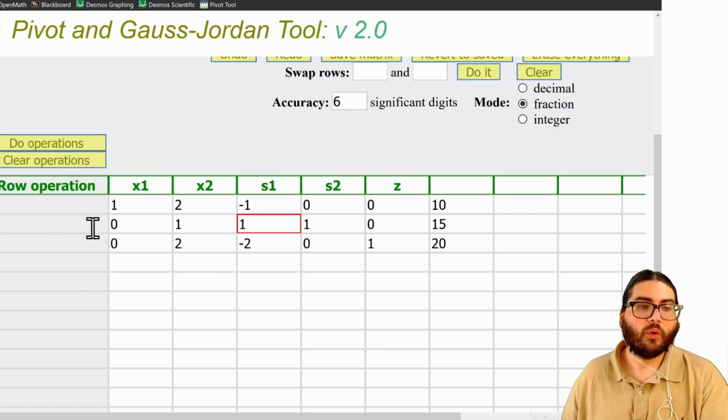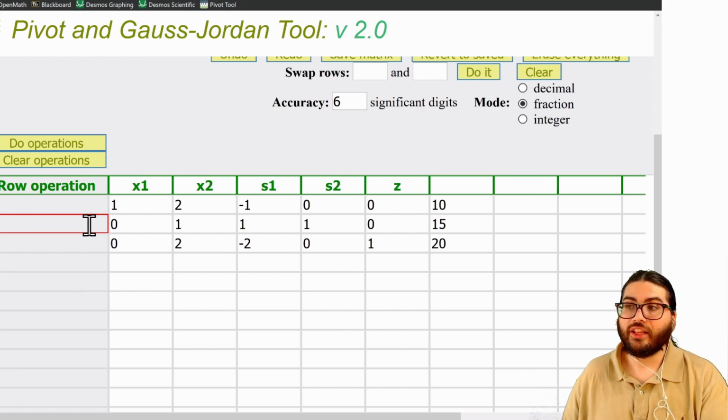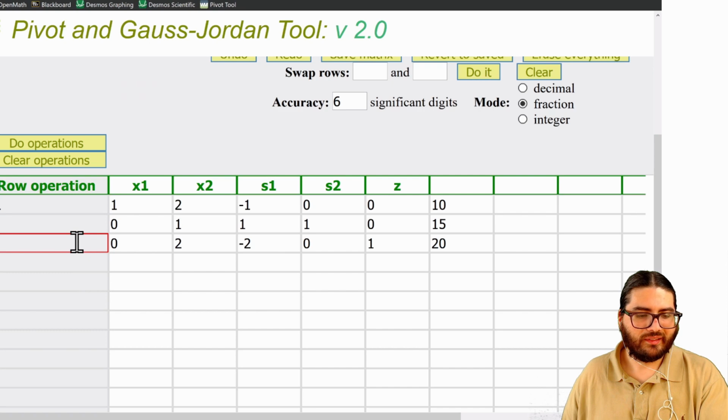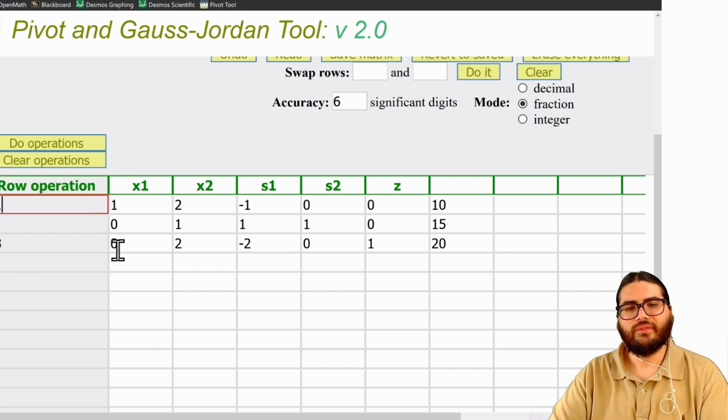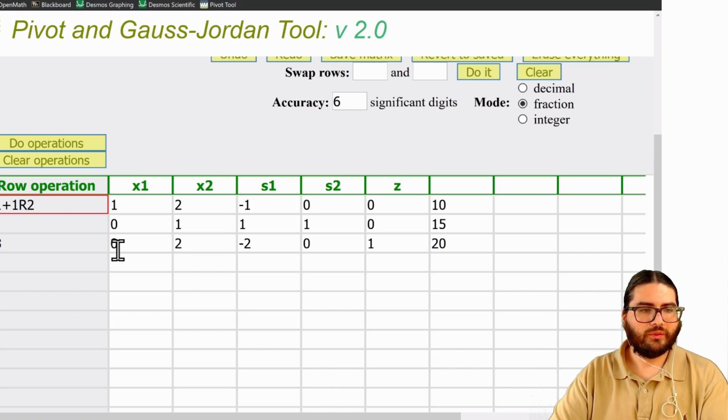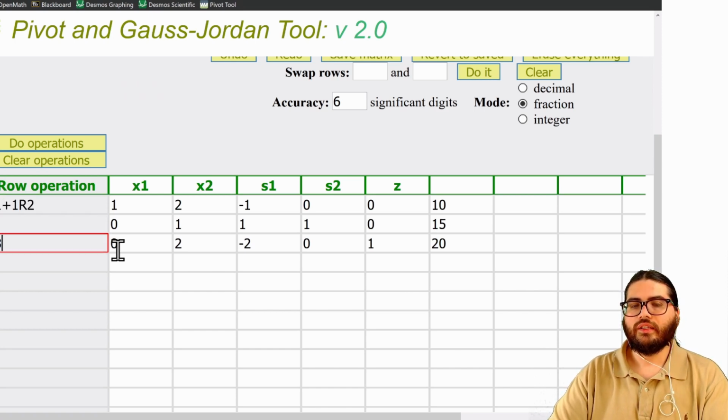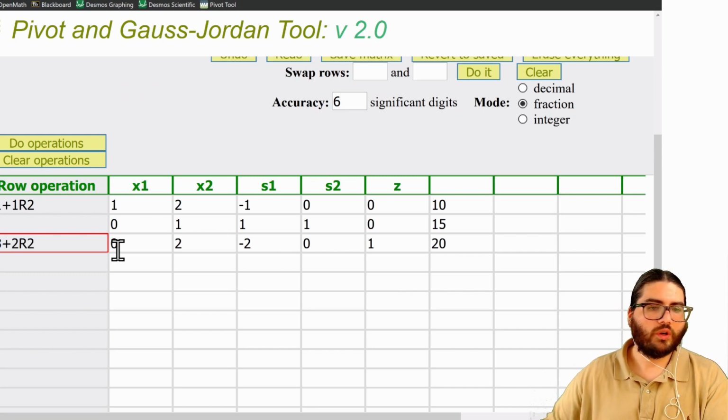This number's already a 1, so I don't need to multiply anything. I can skip straight to the multiply and add scenario. To get rid of -1, I need a +1 times row 2. To get rid of a -2, I need a +2 times row 2.